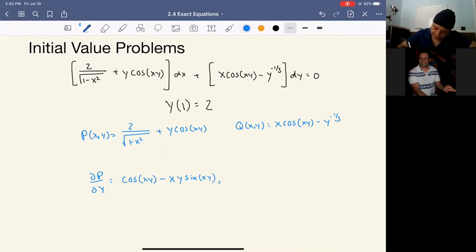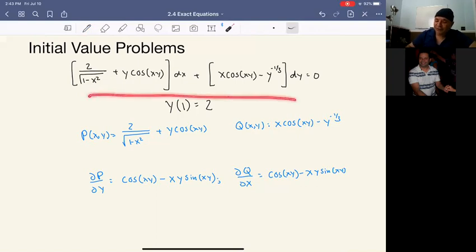The derivative of Q with respect to x equals, this term is 0 here, so we're just taking the derivative here. And now I'm hoping we see cosine xy minus xy sine xy. So we do have an exact equation.